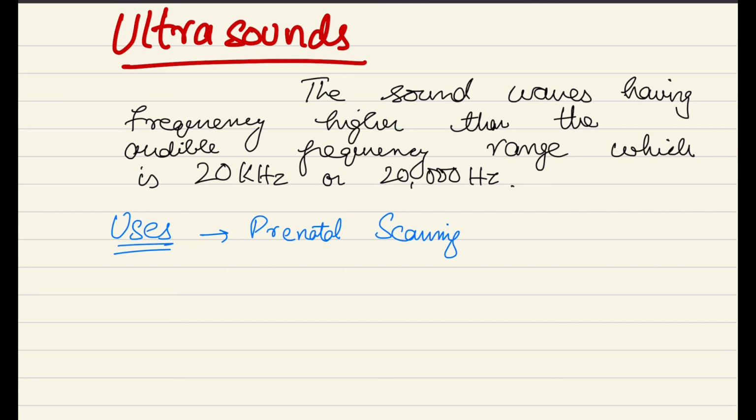And the next one is to measure the depth of the ocean. So we use the ultrasound wave to measure the ocean depth. For example, there's a ship. Let me just draw it somewhere here.